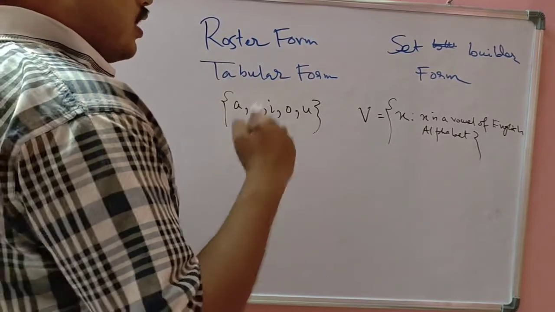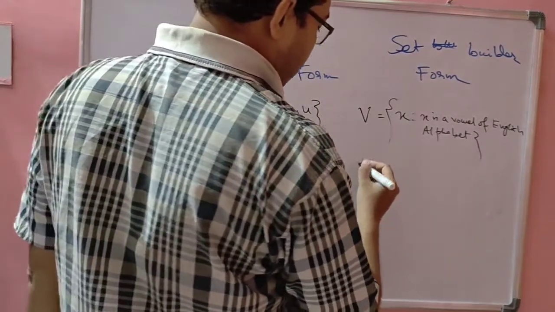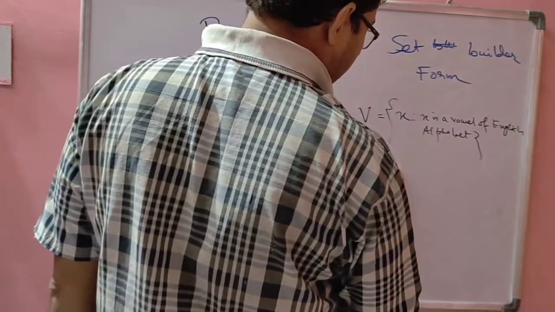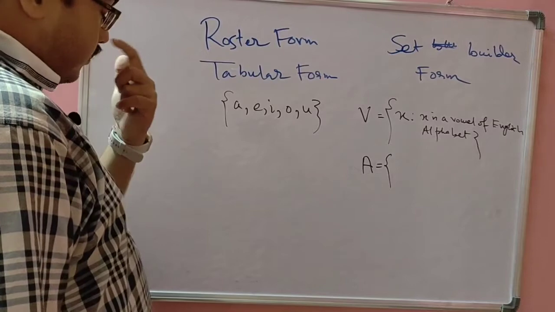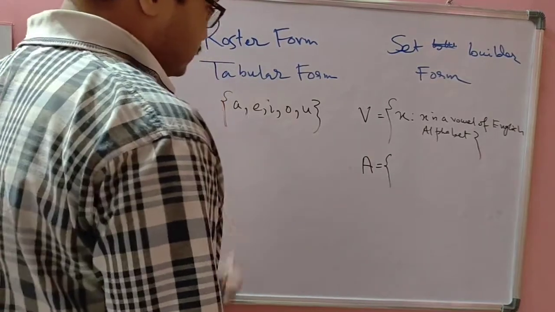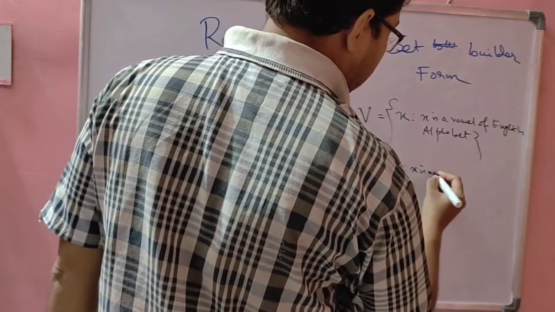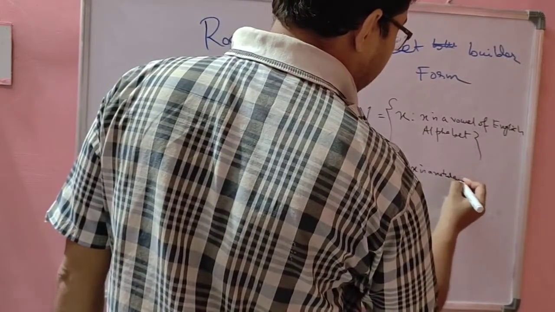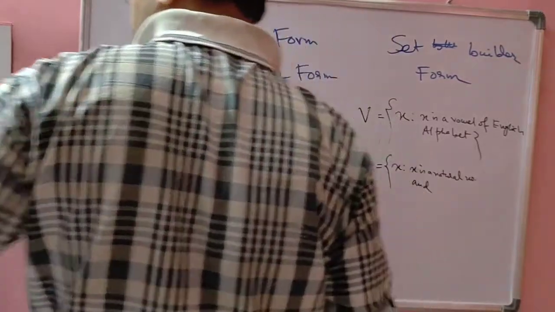Very easy. We can take another example, a set A. We can write X colon, X is a natural number, and it would be better in one line.